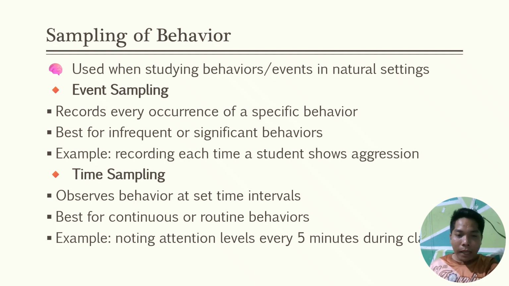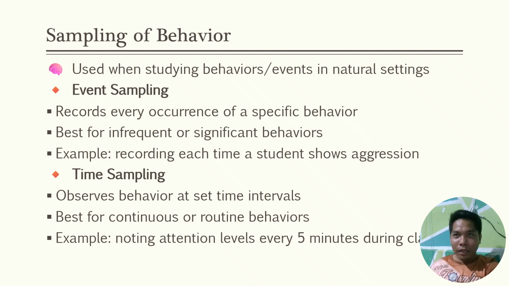On the other hand, time sampling observes behavior at set time intervals. So event sampling is not time limited, time sampling is time limited. You're not looking at the occurrence of a certain behavior, but at what behavior a person shows within these time intervals. For example, noting attention levels every 5 minutes during classes.